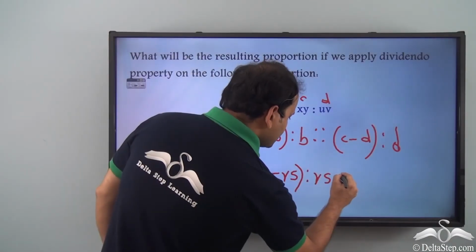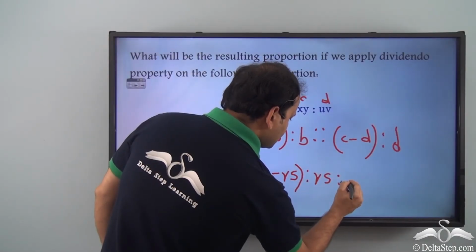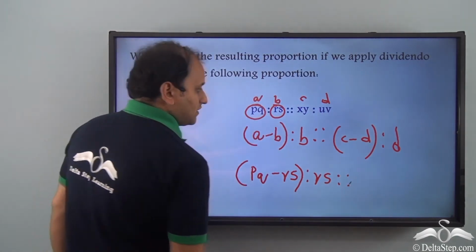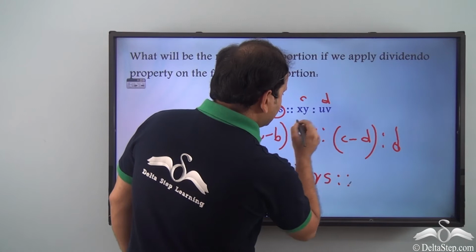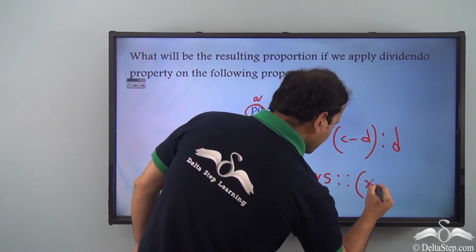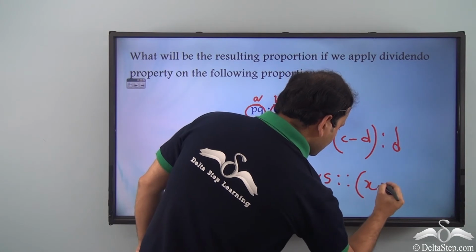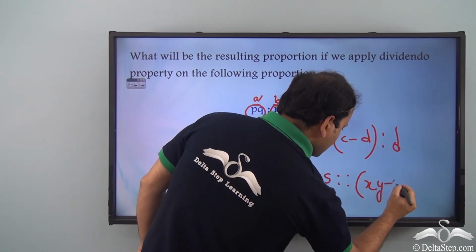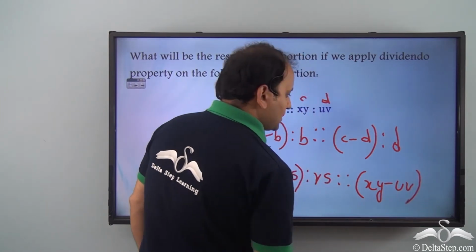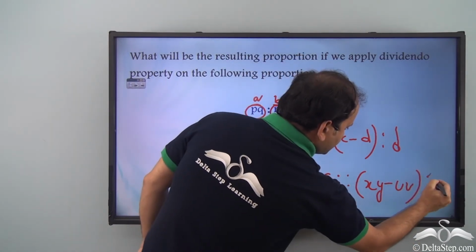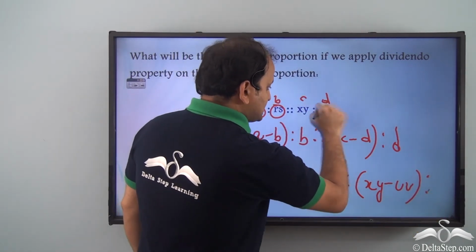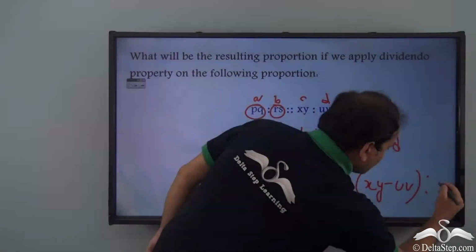This is proportional to C minus D, that is XY minus UV, is to the last term, that is UV.